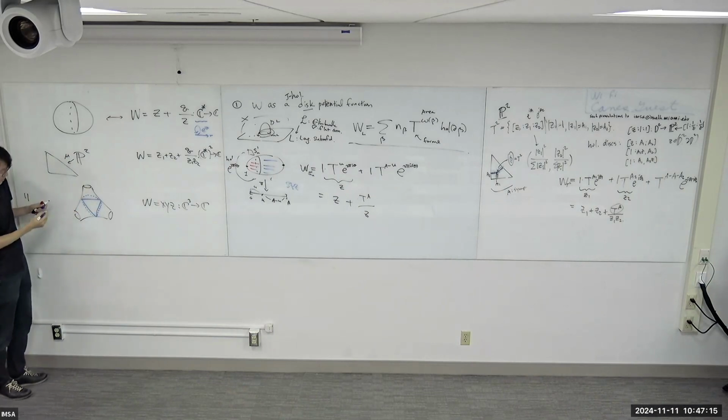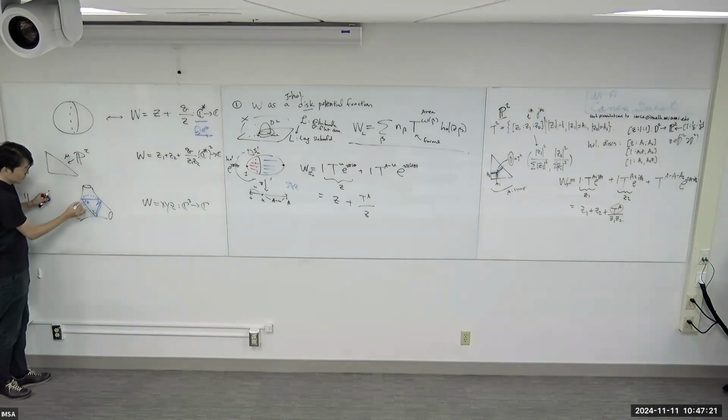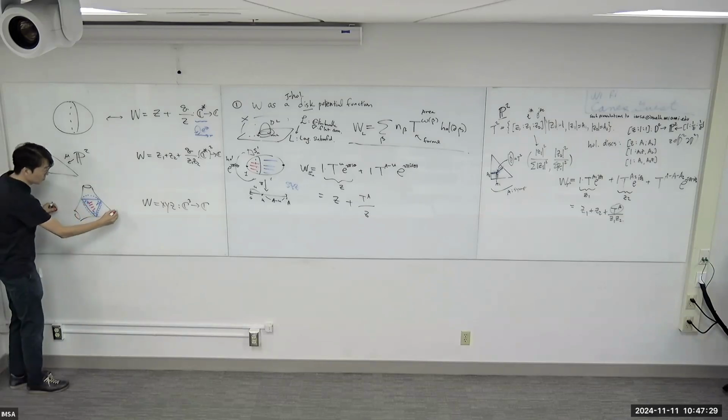So yeah, this, and I'm going to label this angle x, y, z, and the disc counting function will count this triangle. So W is going to be the count of this triangle. This 1 times now.